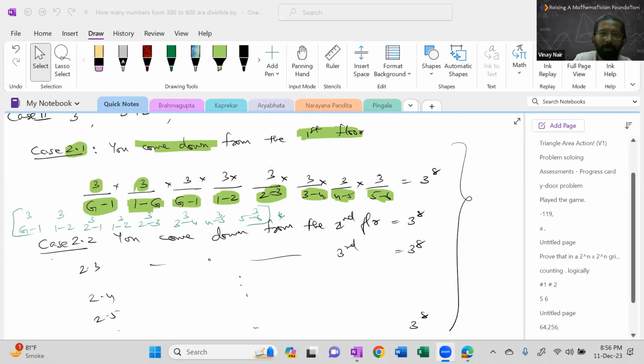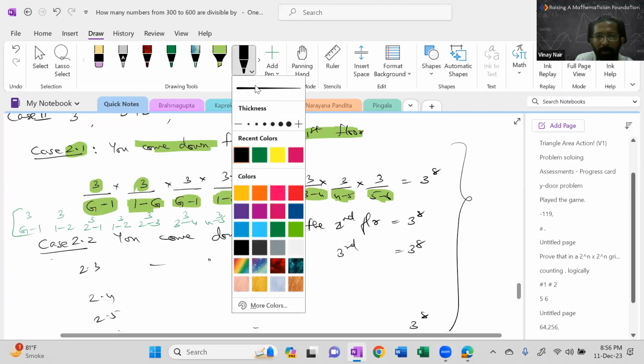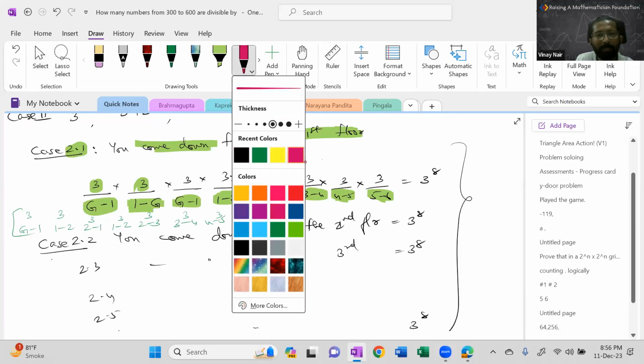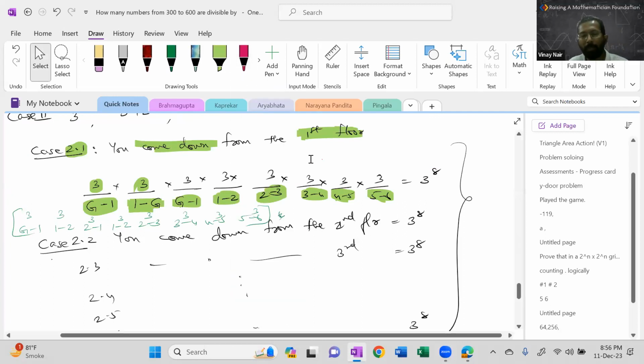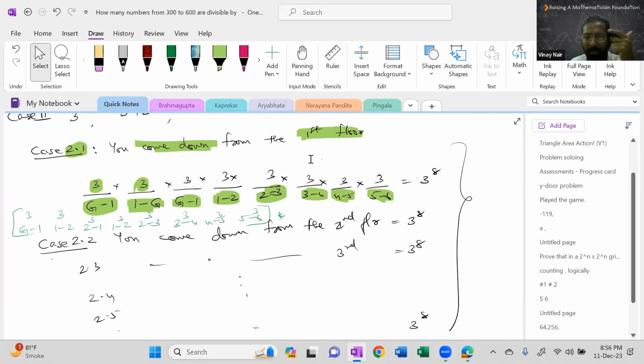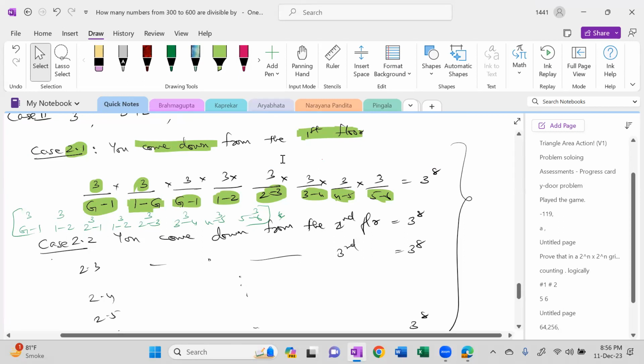Because if you look at it, let's take this case. When you are going to come down 1 floor, you may be coming down from the first floor, or from the second or third floor, or 4th floor, 5th floor or 6th floor. Correct? Yes. So let's take them as 6 different cases.